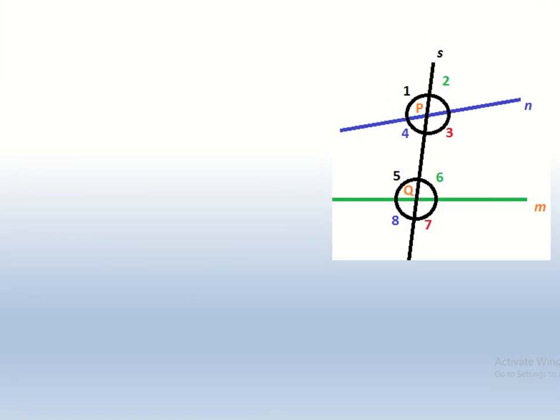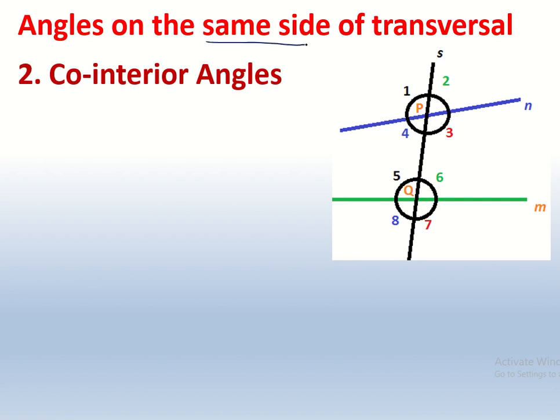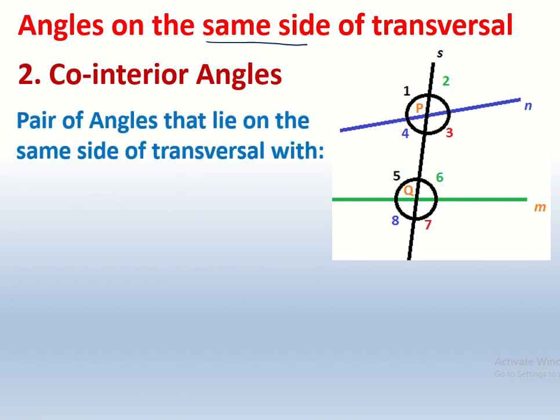Now, similarly, we will see one more pair. Again, it is under the group of angles on the same side of the transversal, and it is co-interior angles. So it is pairs of angles that lie on the same side of the transversal with different vertices. That means again we will have the same pairs that we took in the last case.